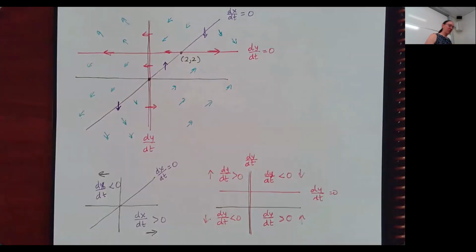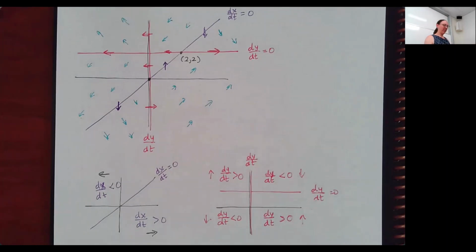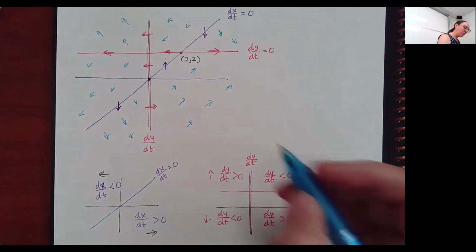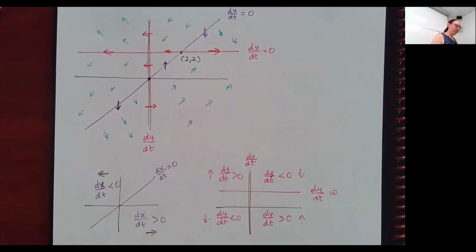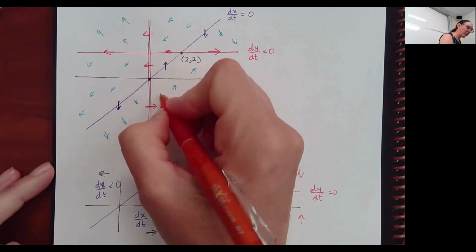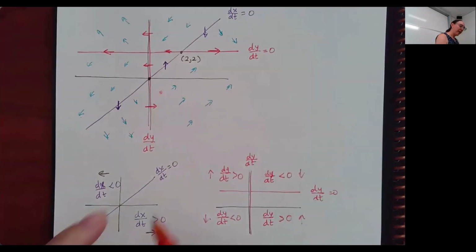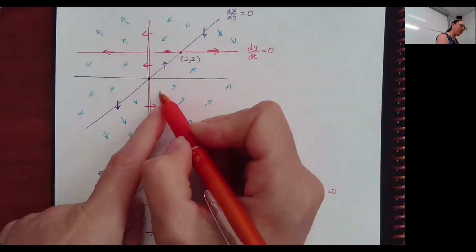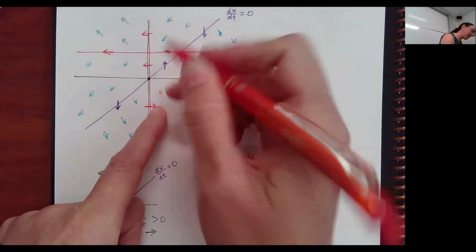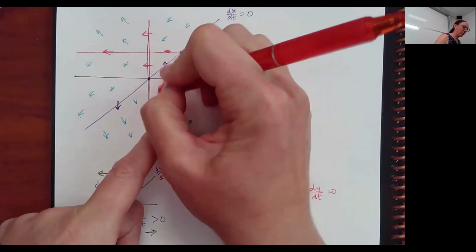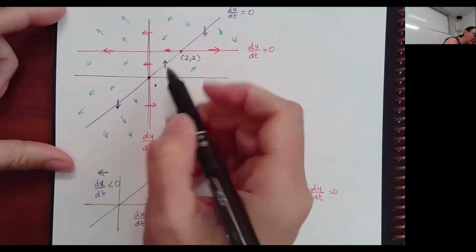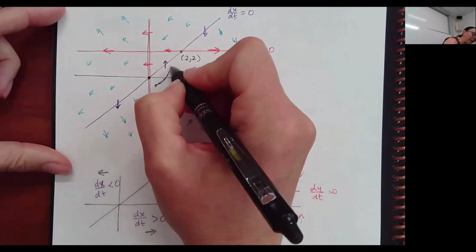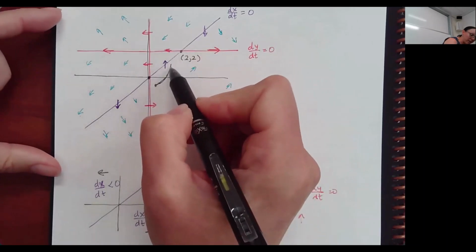So if I had an initial condition, then we can sort of sketch what that possible trajectory looks like. Let's say I started here, then I'm getting pushed up and to the right. Let me start closer to this guy. So I'm getting pushed up and to the right. I'm still getting pushed kind of up and to the right.